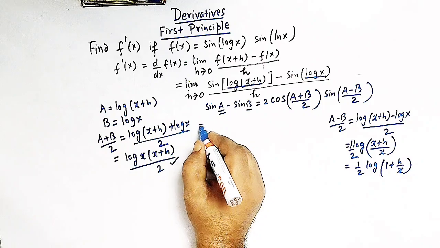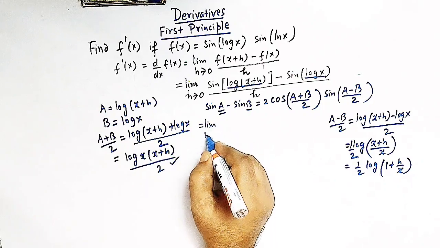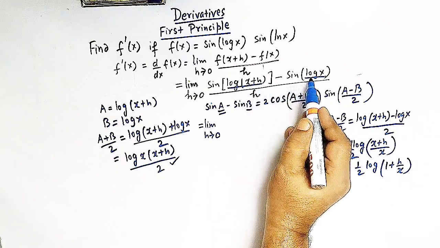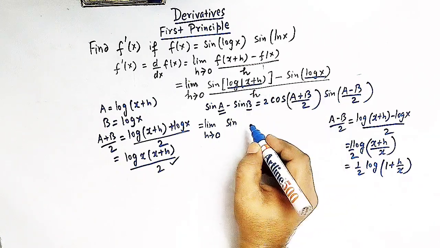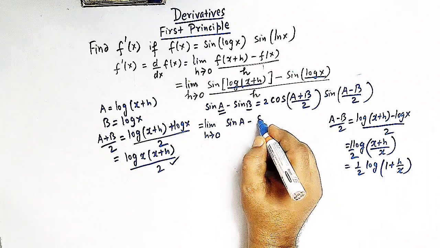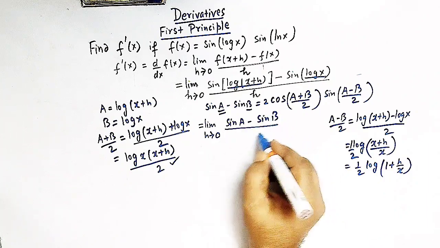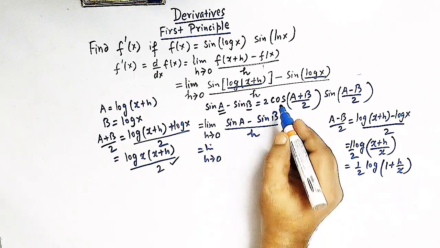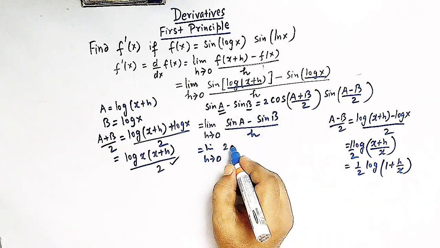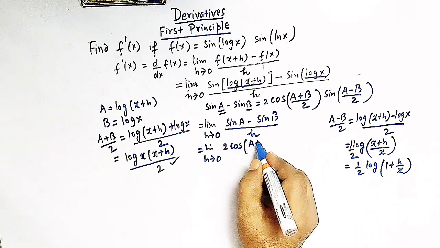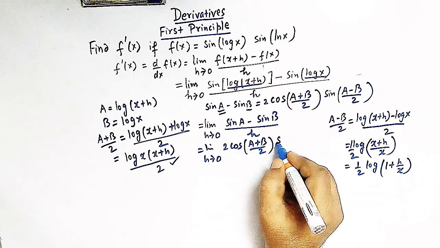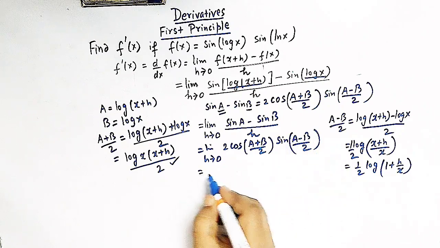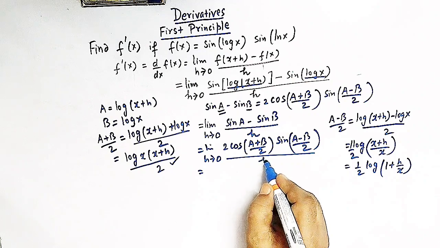Now the derivative is given by the limit h tends to 0 of sine log of x plus h minus sine log of x, which is sine a minus sine b, divided by h. So we have limit h tends to 0, and sine a minus sine b is 2 cos of a plus b over 2 times sine of a minus b over 2, and here we have h also.